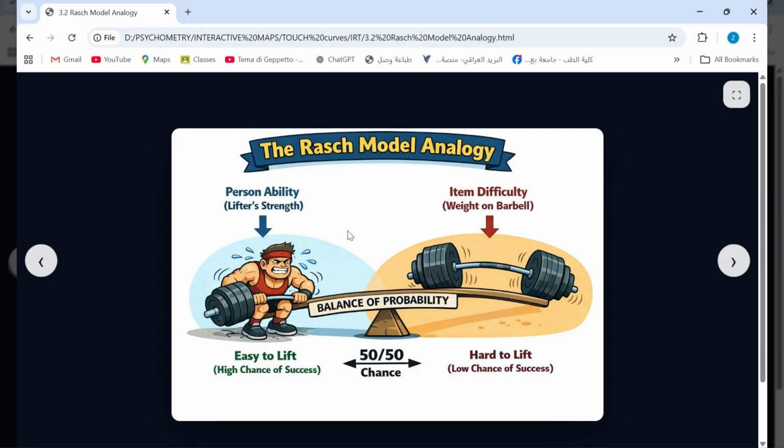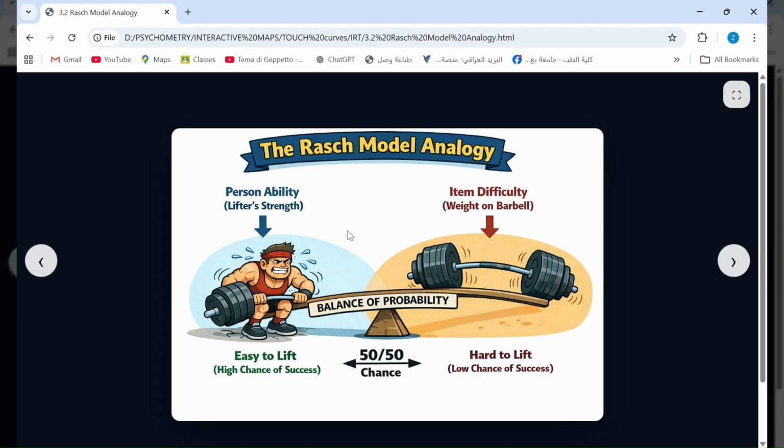On the other hand, if we have the same questions, but we have another group who is more able, has higher ability than them, then the chances of answering these questions will increase. But the ability of the group is fixed. The ability never changes unless the person is changing.